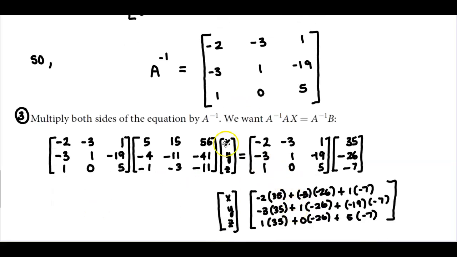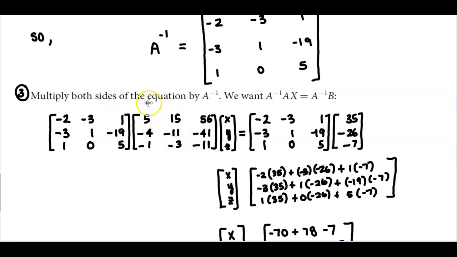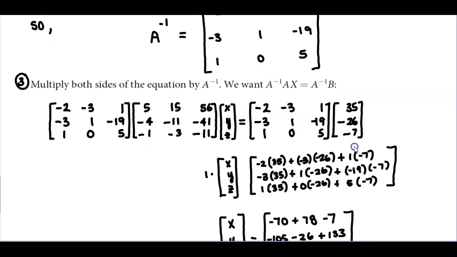And then we're going to multiply both sides of the equation by the inverse. So over here on the left side, if we multiply the inverse of matrix A by matrix A, it's going to give us the identity matrix, which is 1 times the variable matrix. On this side, we can go ahead and multiply each row by that column.